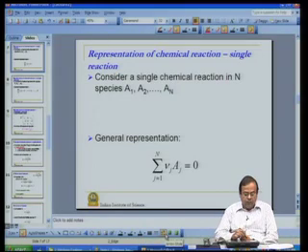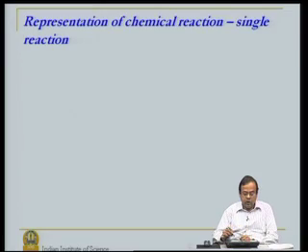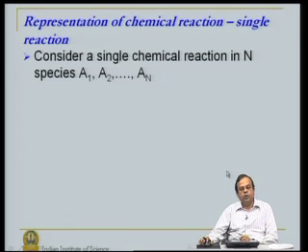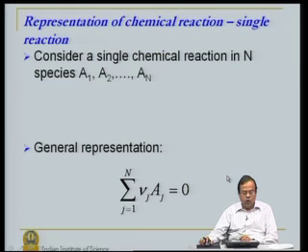So, let us get back to our lecture. We have a single reaction between the n species A1, A2, A3, and we just wrote this reaction in a general form as summation nu j Aj, j going from 1 to n, equal to 0.